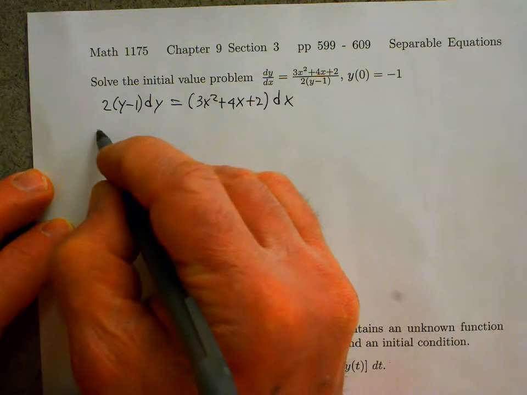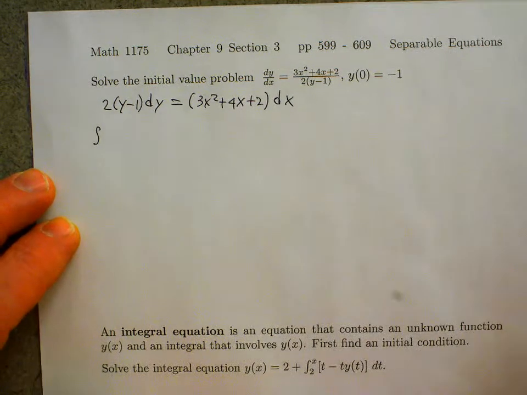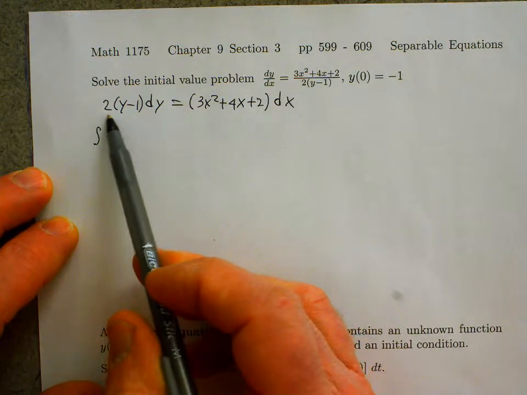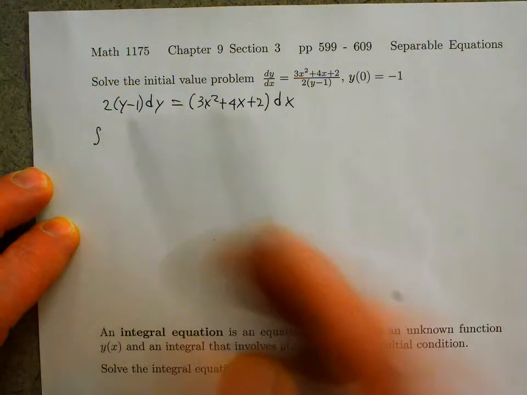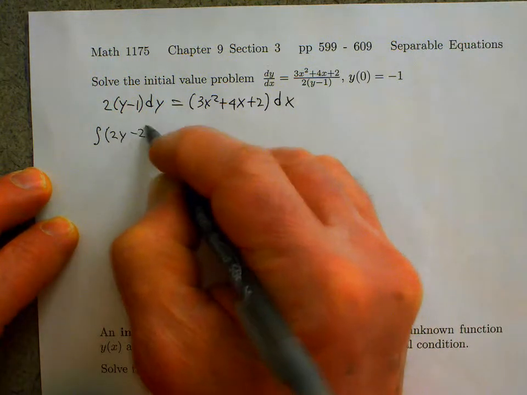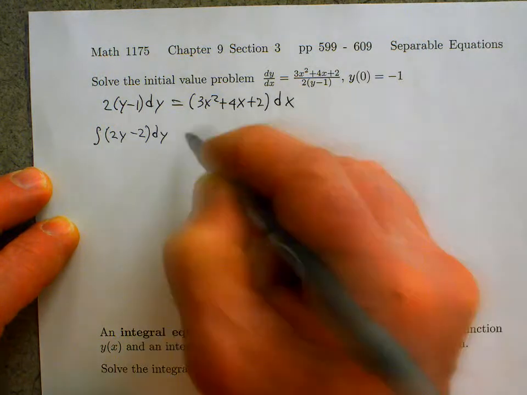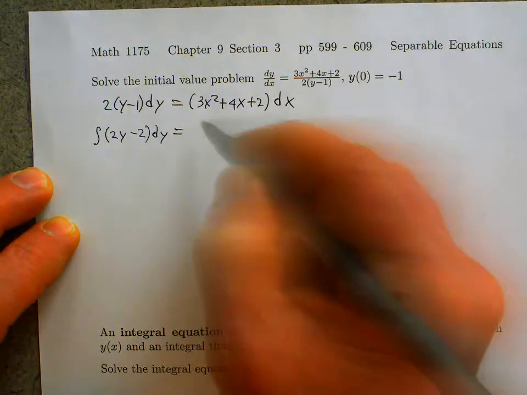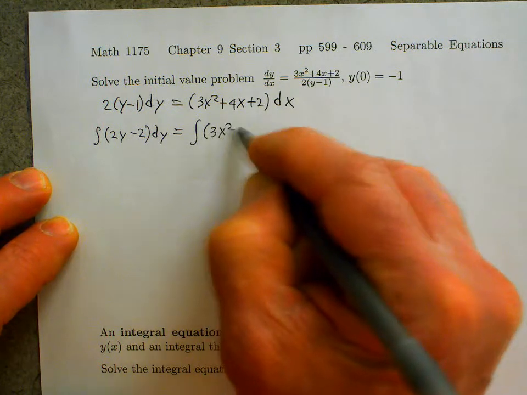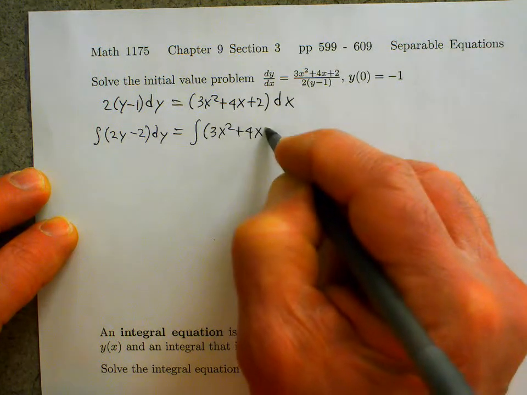Okay, then put those inside integrals. So I'm going to go ahead and multiply 2 times the quantity y minus 1 and write it as the integral of 2y minus 2 dy. And then that's equal to the integral of 3x squared plus 4x plus 2 dx.